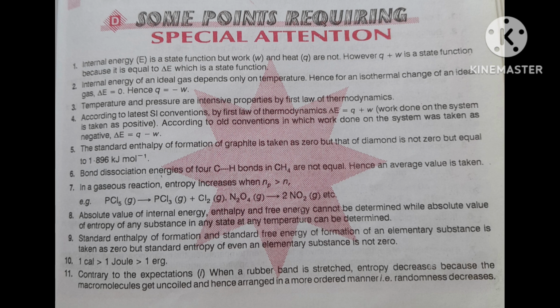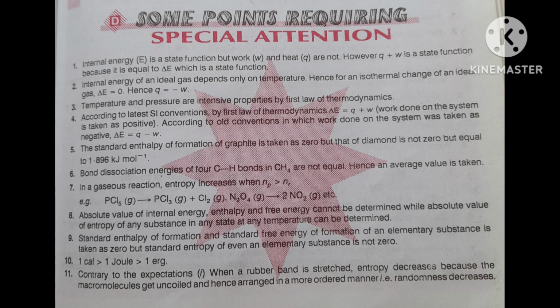Next, internal energy of an ideal gas depends only on temperature. Hence, for an isothermal change of an ideal gas, delta E is equal to 0.